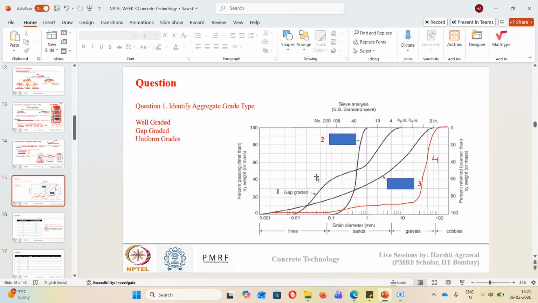So there is smaller size aggregate, there is bigger size aggregate, but in intermediate sizes there is no aggregate or a very small portion of aggregate. Just see from the slope: the higher the slope, the more aggregates there are in that region of that size. So this is why it is gap graded. You can see one steep slope, then flat, then a steep slope, and then it becomes flat.